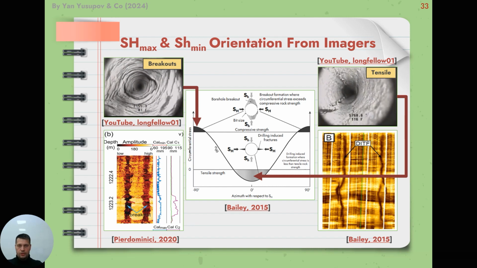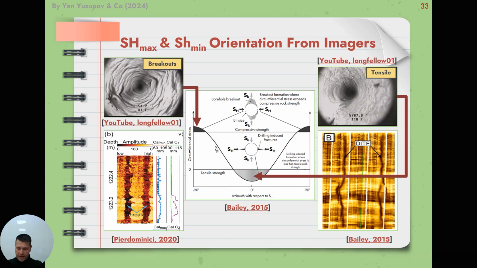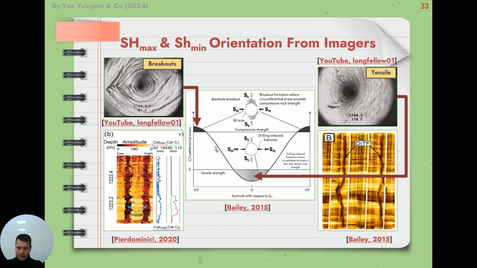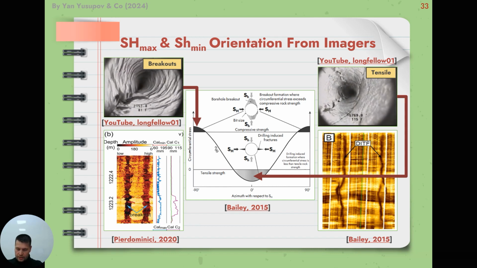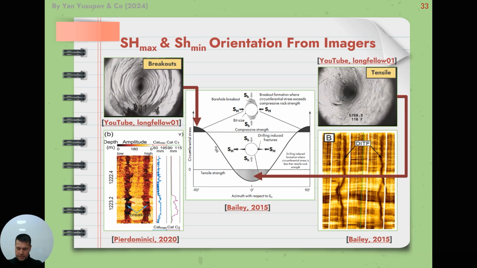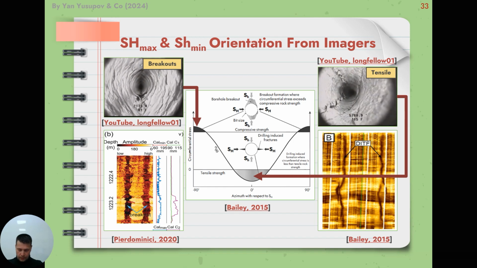The borehole image log can also be used to identify borehole breakouts. The figure displays a section of ultrasonic borehole imager log data processed for one vertical well.